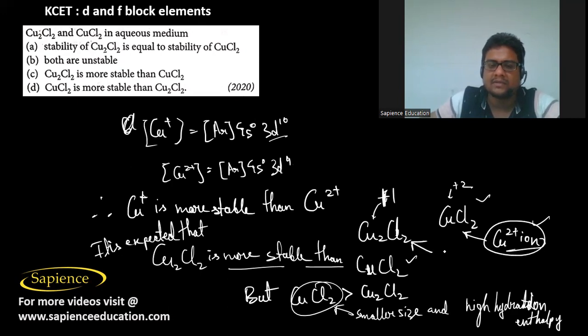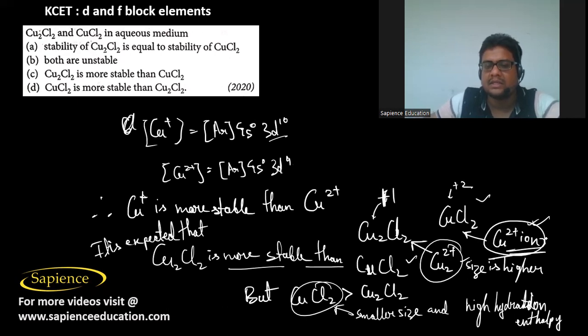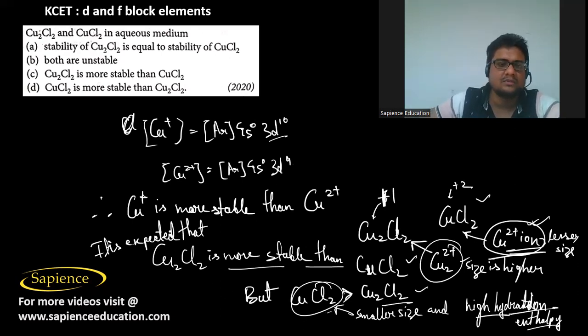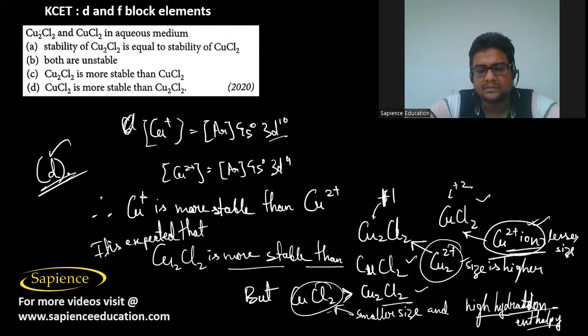In Cu2Cl2, the cation is Cu plus, so it has got low hydration enthalpy since its size is higher. Since Cu2 plus has lesser size, it is having high hydration enthalpy. So CuCl2 is more stable than Cu2Cl2. So option D is the correct answer.